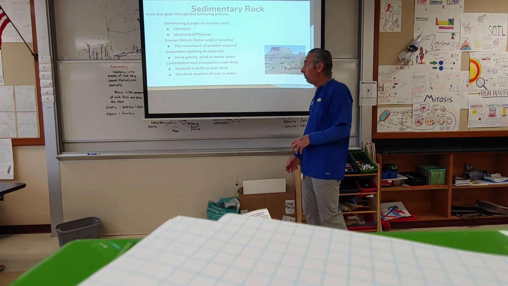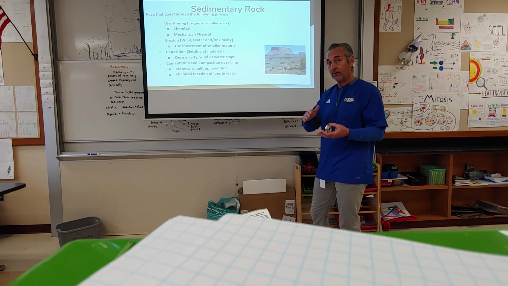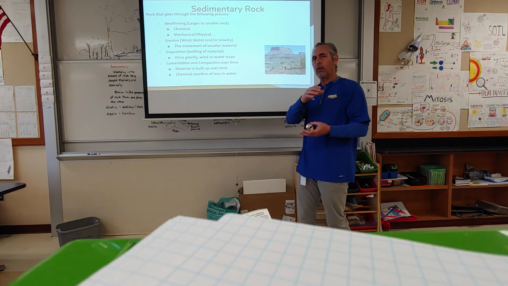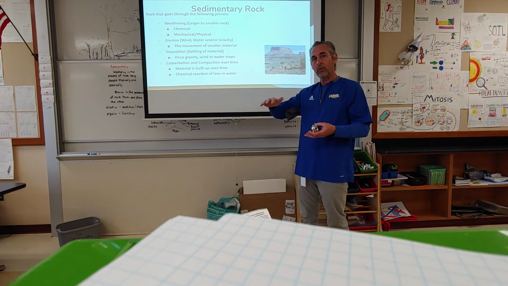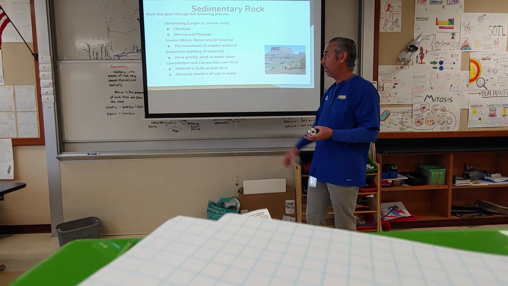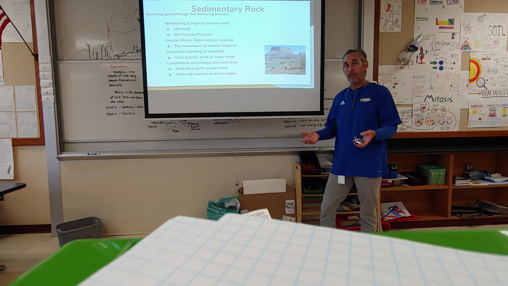And then water moves it. Once the water slows down, let's say water is moving down a mountain. Okay, it picks up rocks, and as it's moving down, it ends up going into a lake. Okay, or at the mouth of the lake, the material that was in the water settles, and then it becomes an area where it can be cemented and compacted.